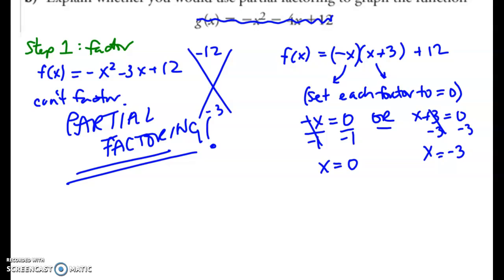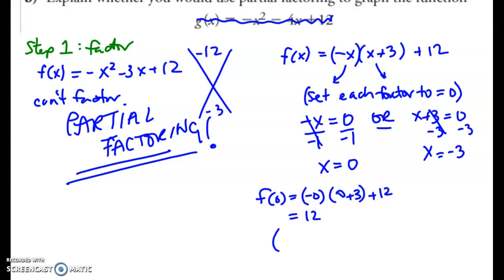So remember that these are not the actual zeros, the actual factors on the x-axis that give us our answer. We're partial factoring, so we're given any two x-coordinates on the parabola. So in order to find the y-coordinate at this point, we need to put a 0 in for x. So we're going to have then into the function a negative 0, doesn't really matter, times 0 plus 3 plus 12, which equals 12.